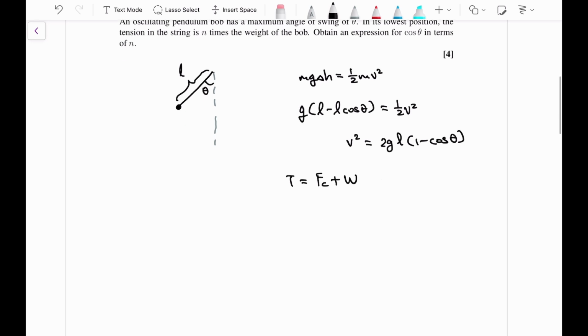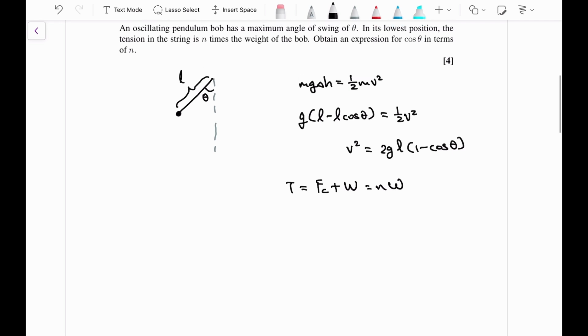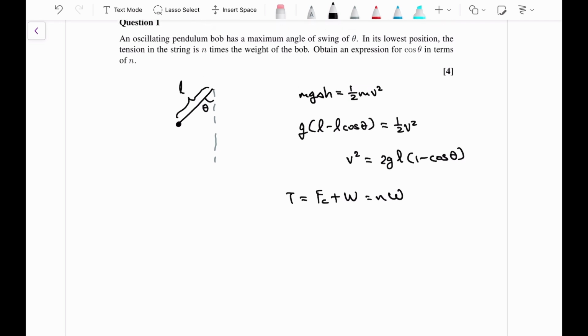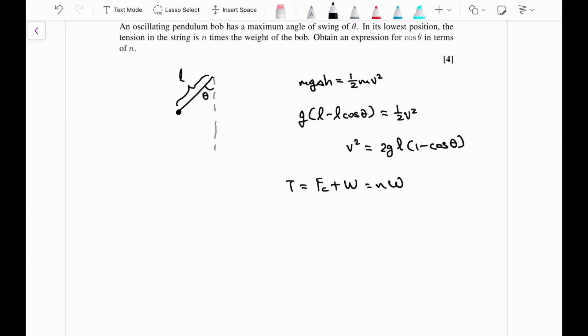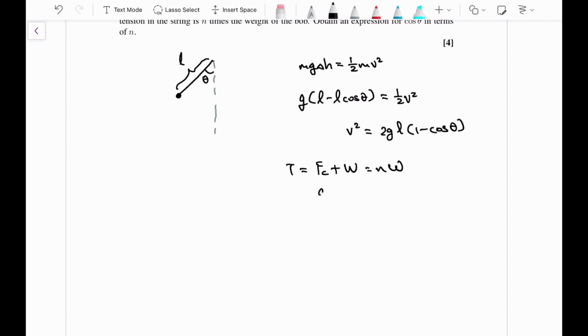What we know is that T is also equal to n times the weight. There's one thing we can factor out, which is the mass of the object. So what's left will be the centripetal acceleration plus g is equal to n times g.